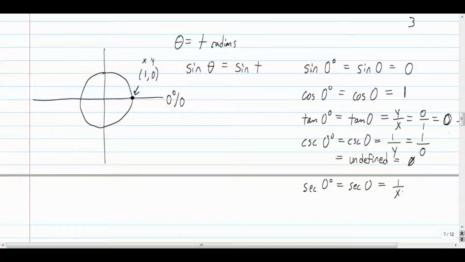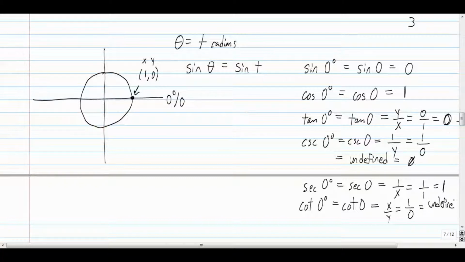That's 1 divided by x. So 1 divided by 1, or just 1. And lastly, let's look at the cotangent of 0 degrees, or the cotangent of 0 radians. That's x divided by y. So that's 1 divided by 0. Also undefined.